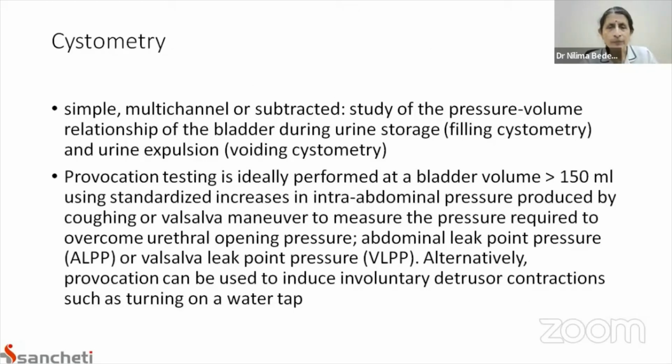Provocation testing is performed when the bladder is getting full, by asking the person to cough or increase pressure, and seeing if there is any leakage at this point. So these provocations are done and it is checked whether there are involuntary or voluntary contractions happening during this cystometry test.